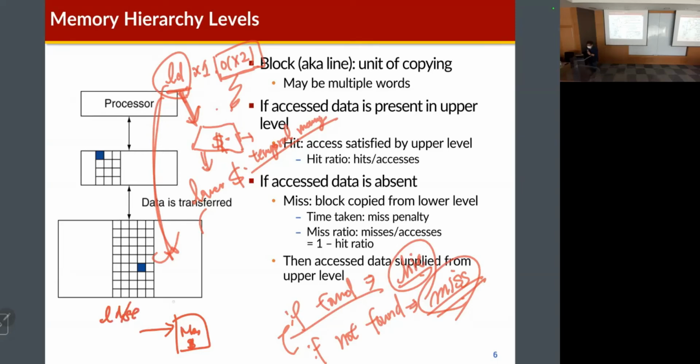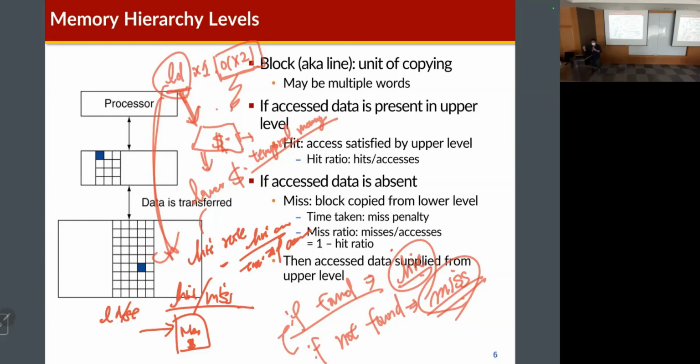There are two possible results, hit or miss. So the hit rate means the hit count divided by the total number of accesses. That is the hit rate.